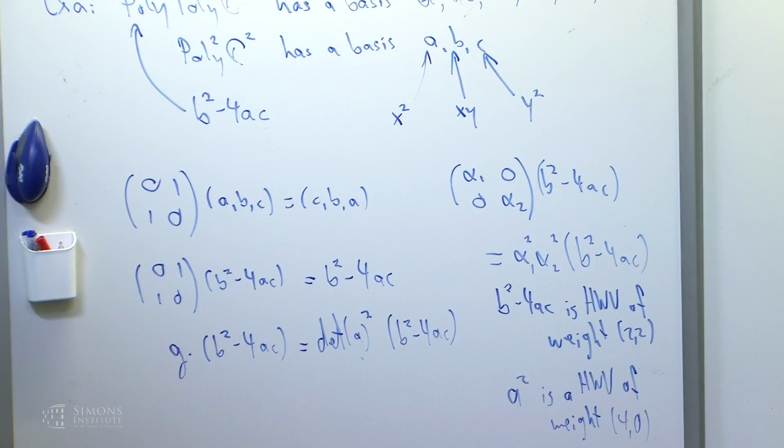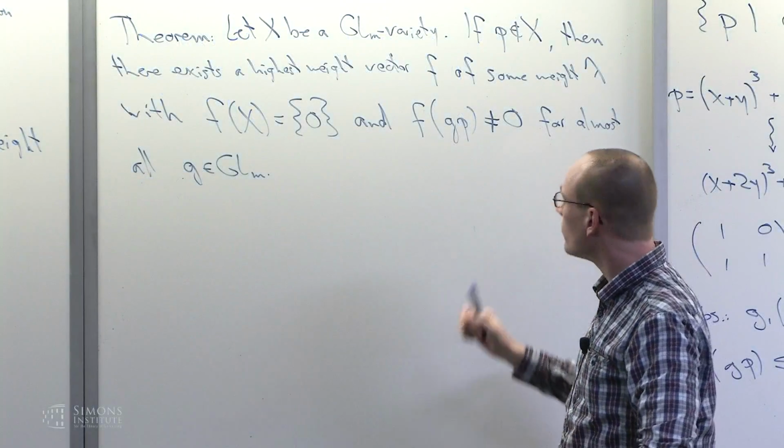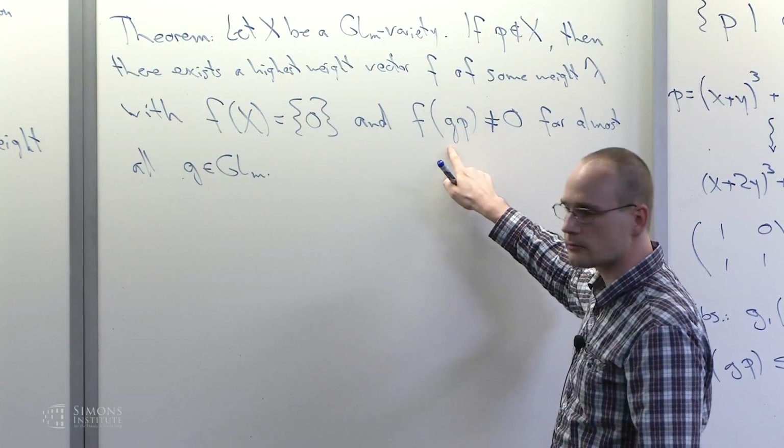So it's good on one hand, but on the other hand, you have to deal with this almost all g in GL_m. But that's not so crucial, because the only thing that you need to do for the lower bound is you want to prove that some polynomial doesn't evaluate to 0, and you only have to pick some g.